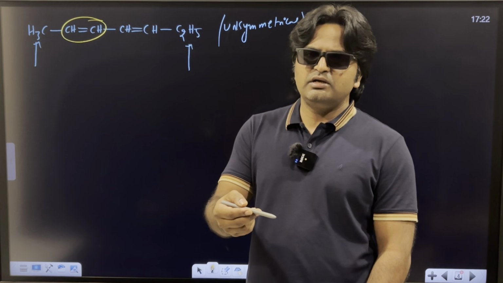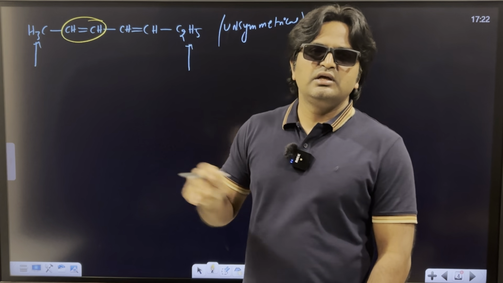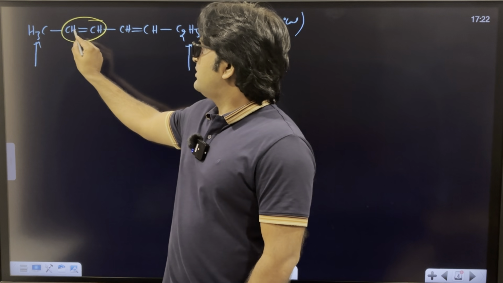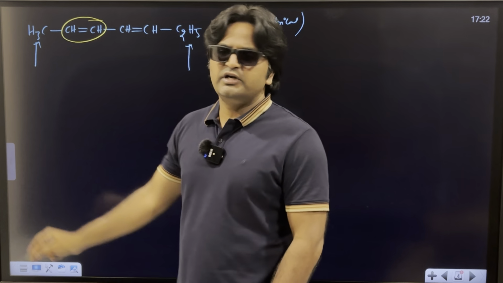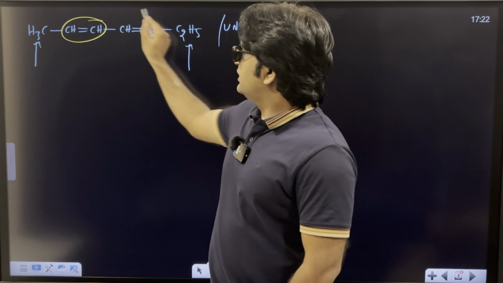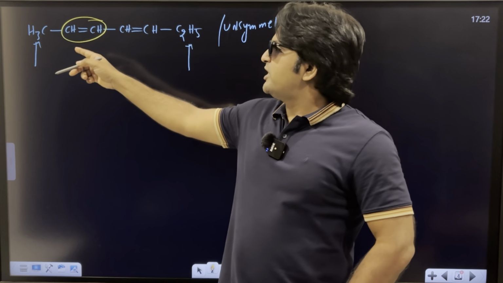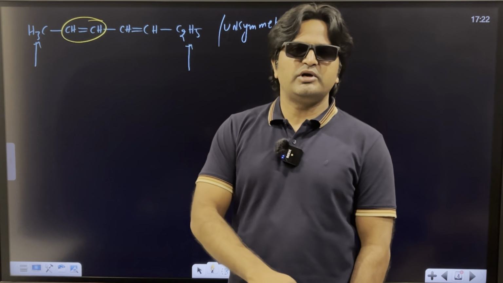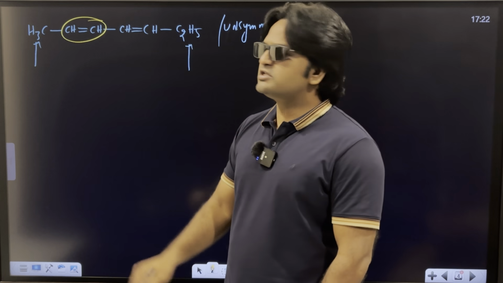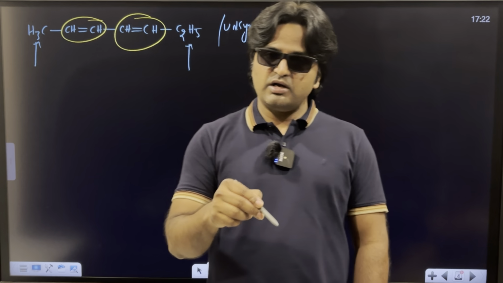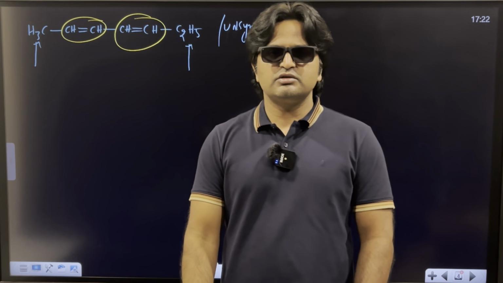On the basis of that, now directly we can say which is responsible for geometrical isomerism. Here on this carbon atom, hydrogen and methyl, yes, they are different. Hydrogen and this entire group, they are different. So out of two double bonds, there is no problem with this double bond. It can exhibit geometrical isomerism. And come to this one, this double bond also shows geometrical isomerism.